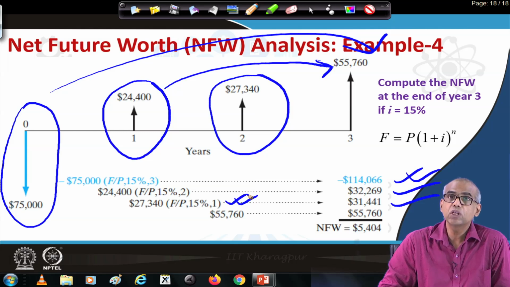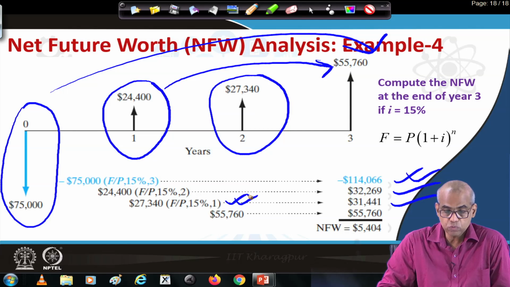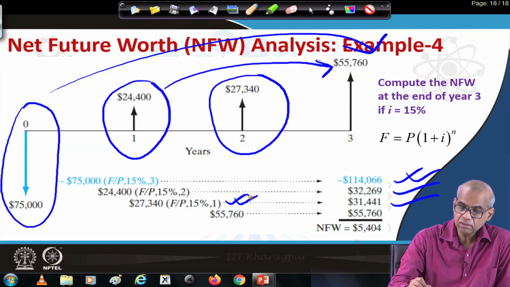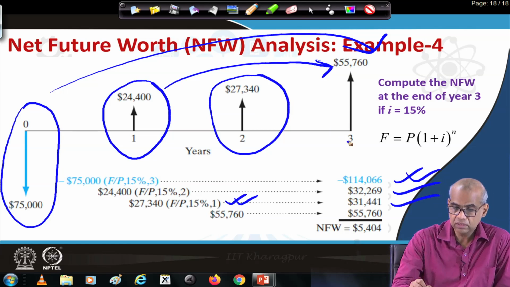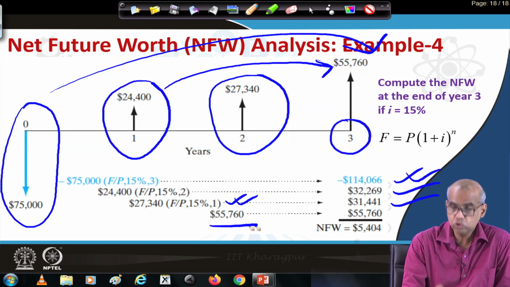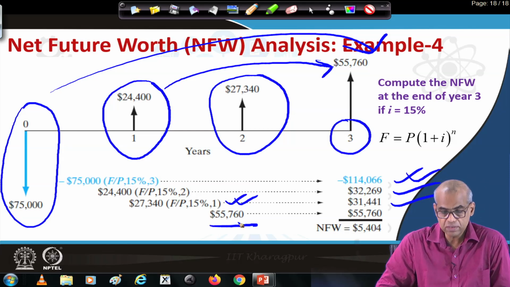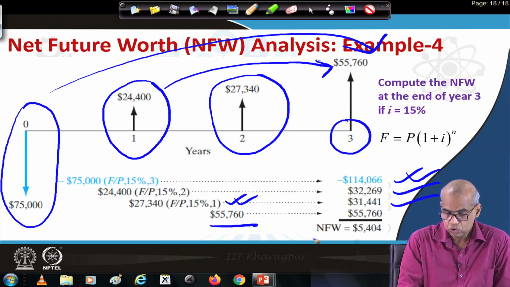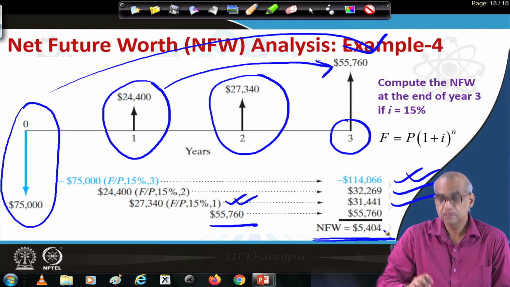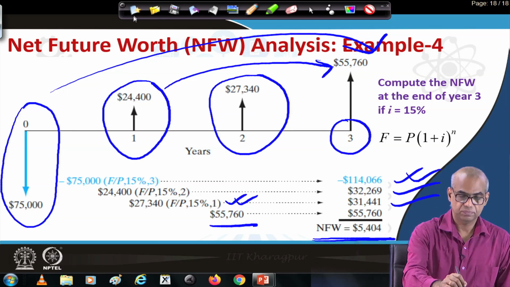So, we find out the future worth at 15%, which is in use for 1 year, and then in the third year, the amount that you pay or invest is already a future worth. So, you sum up and get the net future worth.